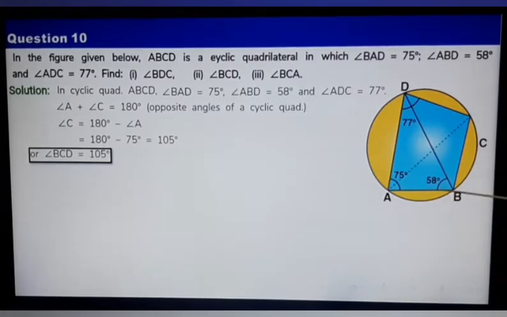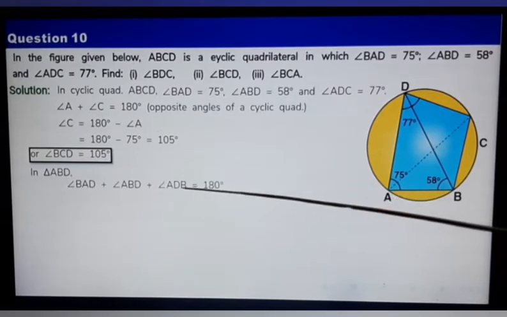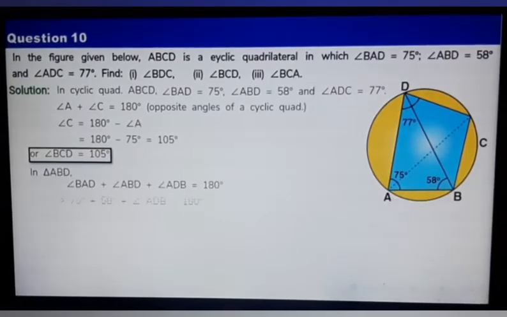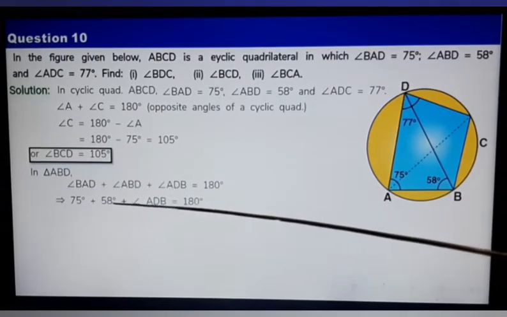Now let us observe this triangle carefully, ABD, because we know two angles, we will be able to find how much this angle is. So in triangle ABD, the sum of the angles will be 180, right? So let us put the values here. We are interested in finding BDA, or ADB, whichever way you call it. So BAD is 75 degree, ABD is 58 degree, right?